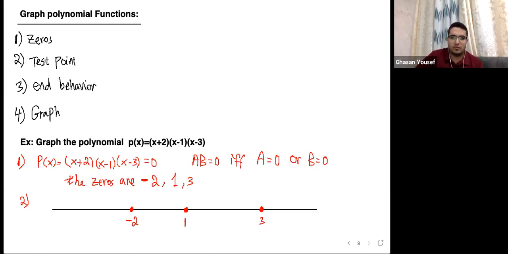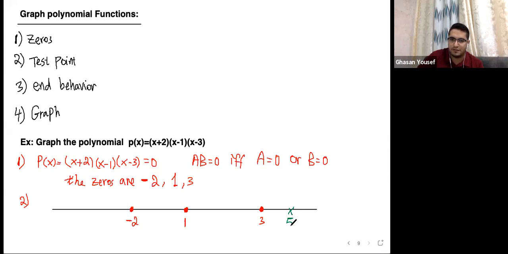Now we have to test the point. This means I have to pick any number greater than 3. What number would you like to use greater than 3? Pick any number greater than 3, plug it inside b of x, and check what the sign is. Is it positive or negative? For example, 5. Okay, I'm going to take the 5, like Safe said.